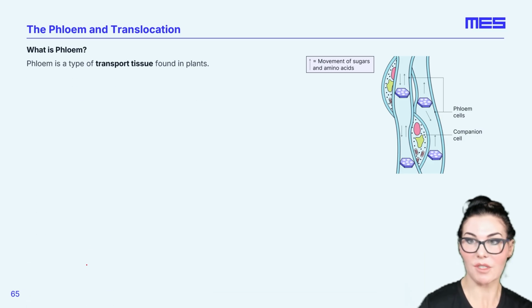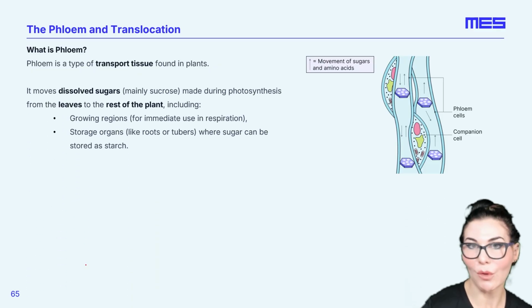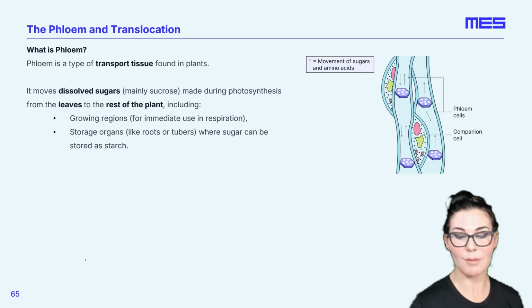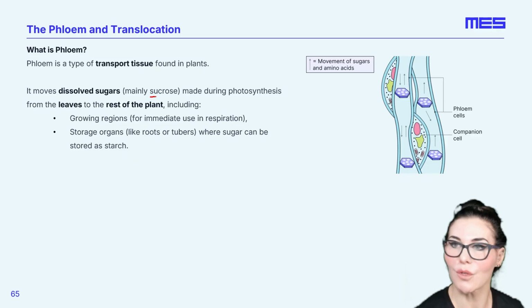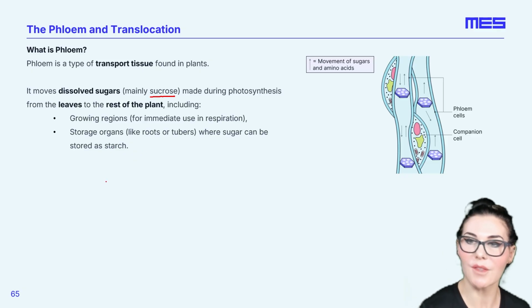It is a transport tissue, but what it transports are the dissolved sugars that have originally come from photosynthesis. Photosynthesis gives rise to glucose, but glucose doesn't get transported through the plant because it's too soluble. It gets converted into a less soluble sugar called sucrose, and that sucrose then is moved to other parts of the plant.